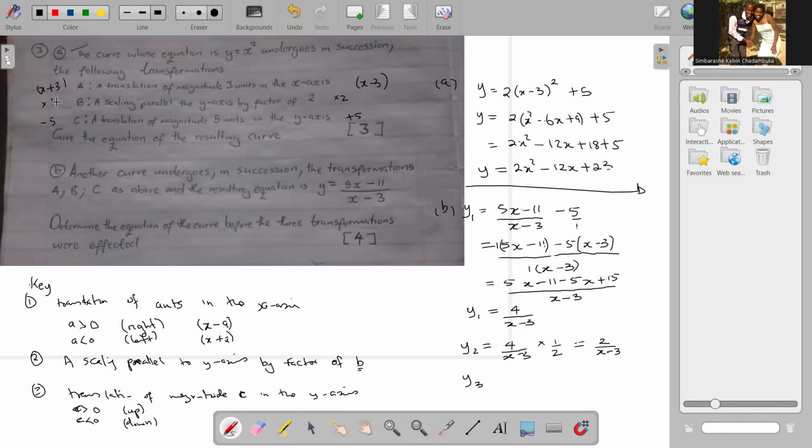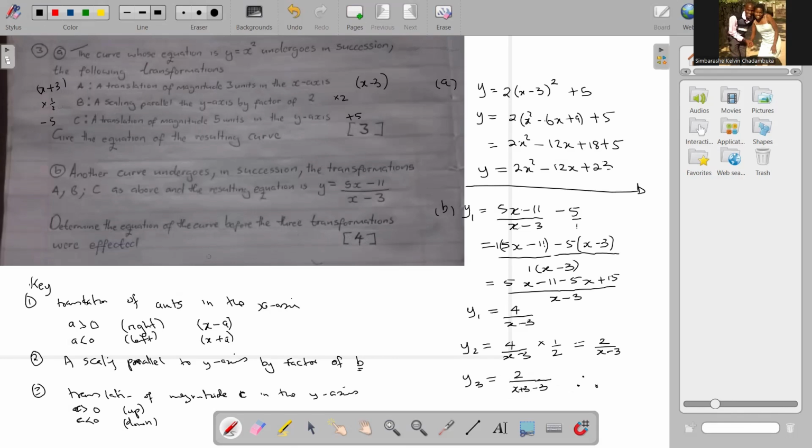That will be equal to 2 over x plus 3, minus 3.